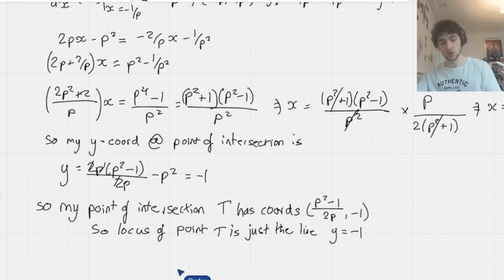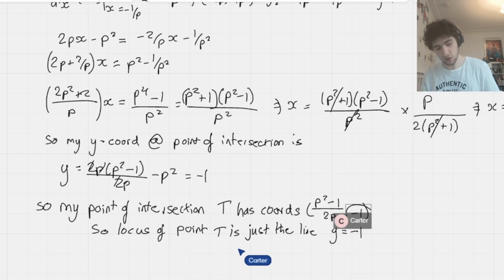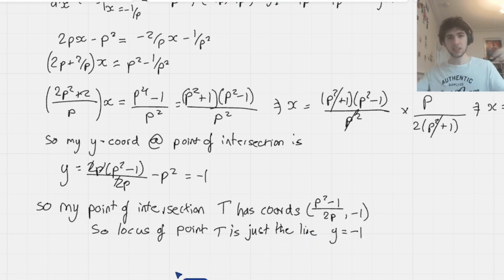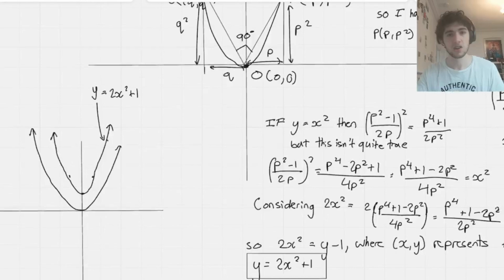Obviously my point Q has to change as well. But the y value is always going to be minus 1. So as I change my two points, the point of intersection of their tangents will always have y coordinate minus 1. But the x coordinate could change to be any real number I want it to be. And so the set of all points of intersection of those tangents will just be the line y equals minus 1, because my x value can be anything. And so, just like that, we are finished.